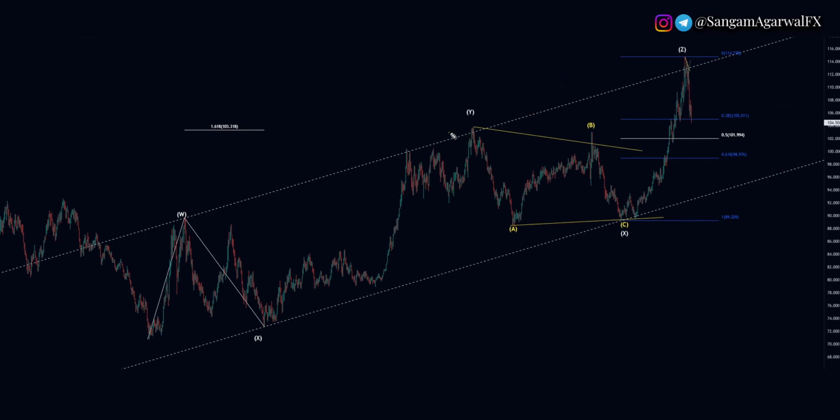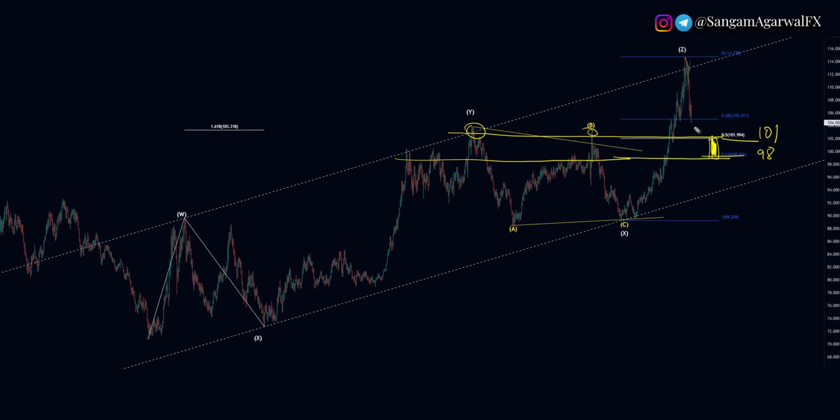So after all of these things, that 50% retracement level is your next horizontal support because now everyone is watching that support level, and that entire area from 50% at 101 to 61% retracement at 98 is your support zone.